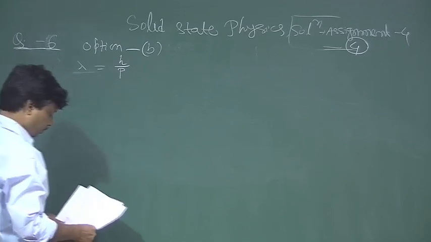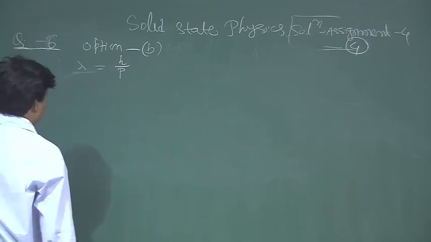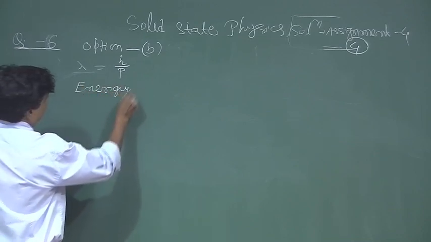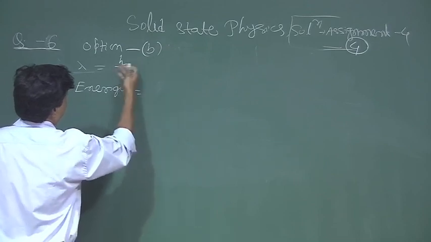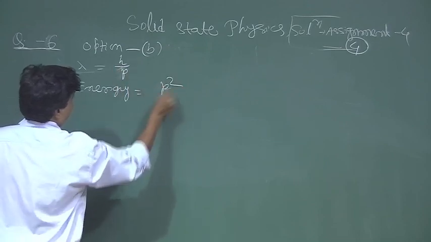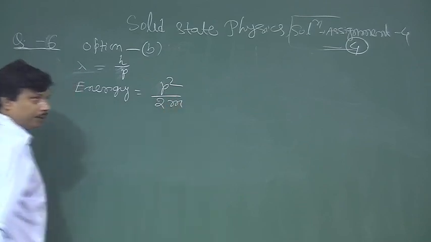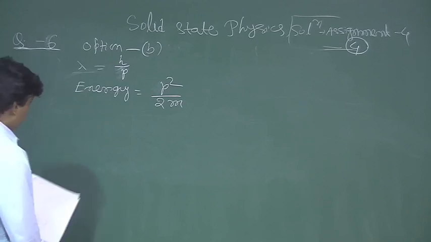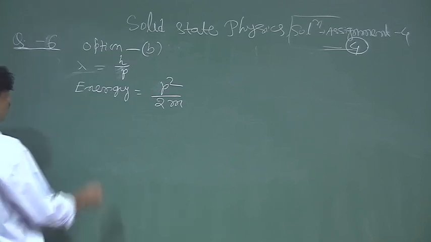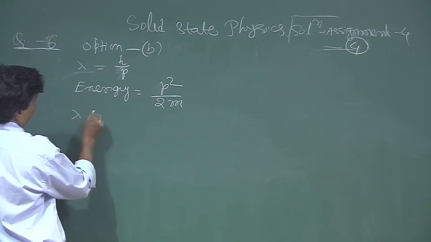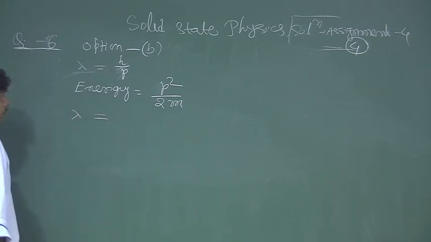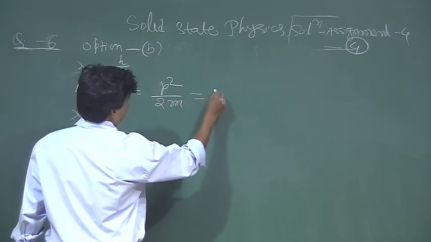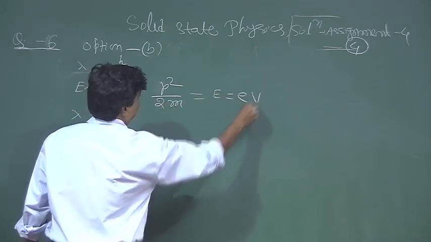Now p is the momentum, and the kinetic energy is p square by 2m, where m is the mass of the electron, the particle under consideration. Energy E is equal to eV, where V is the voltage.